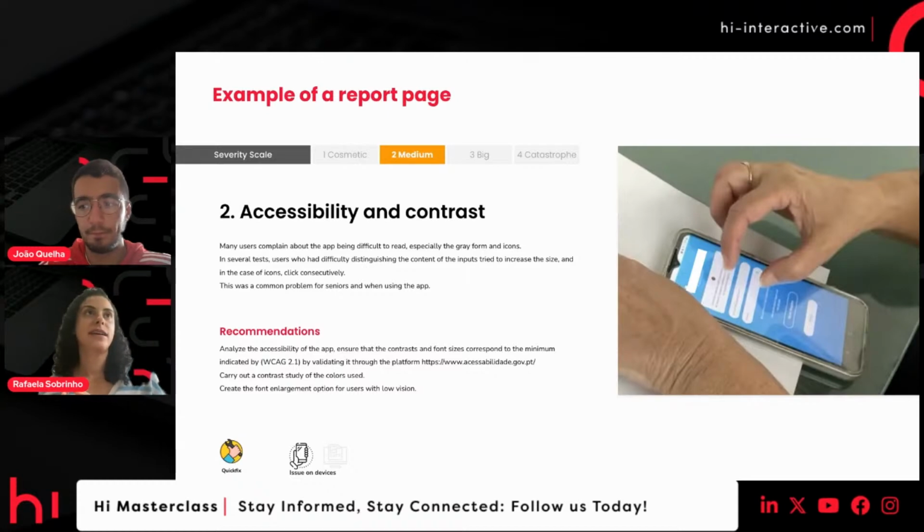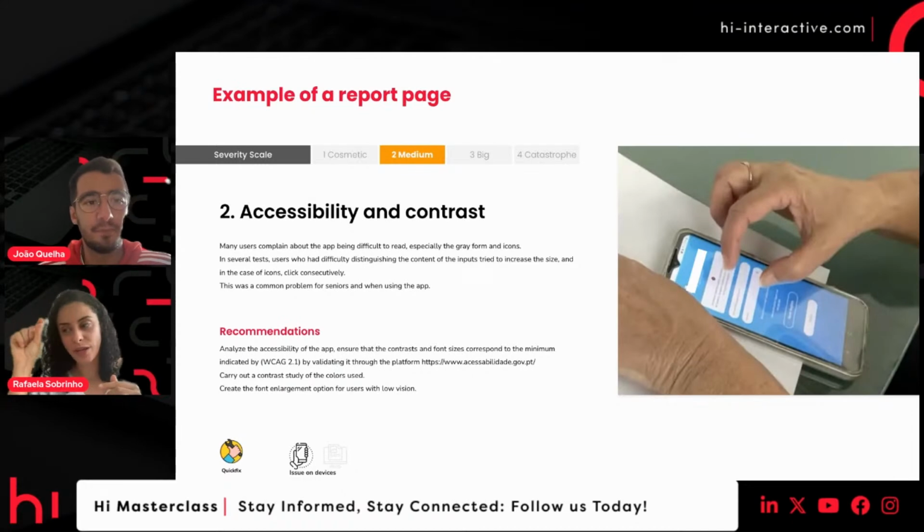We also have a severity scale. It's a way to put on a scale the problems that we found, because sometimes there are a lot of problems. You can list all these problems, and we give them a number.